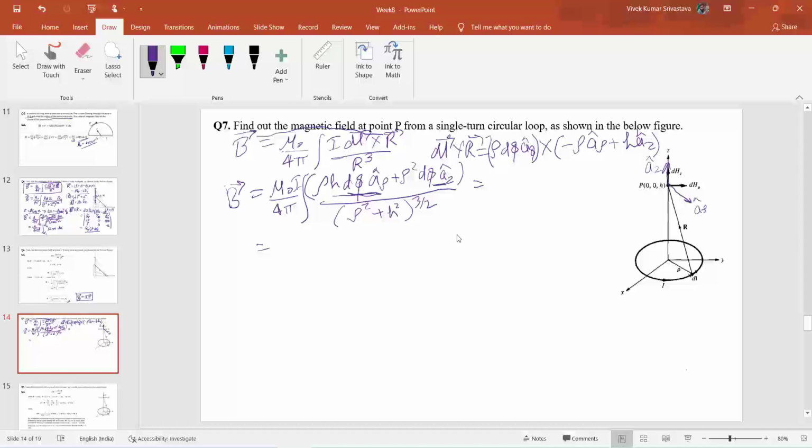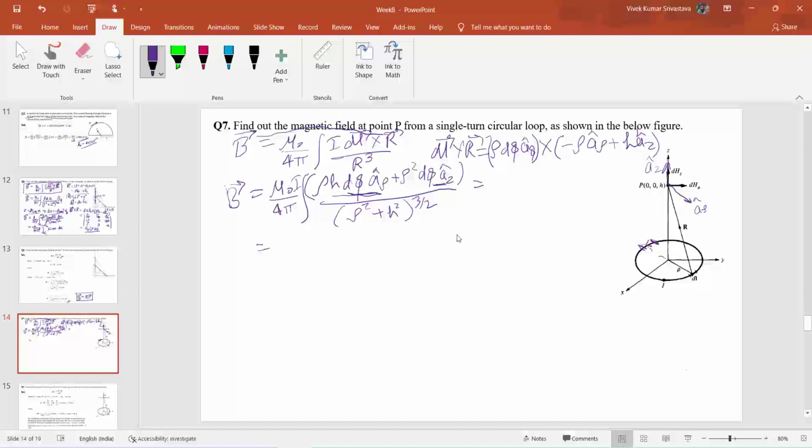So for solving this problem we have to consider the symmetry. Here you can see that one more current element will be there 180 degrees opposite to the current element that we are considering here, okay. So the current flowing through this is opposite to this current element.